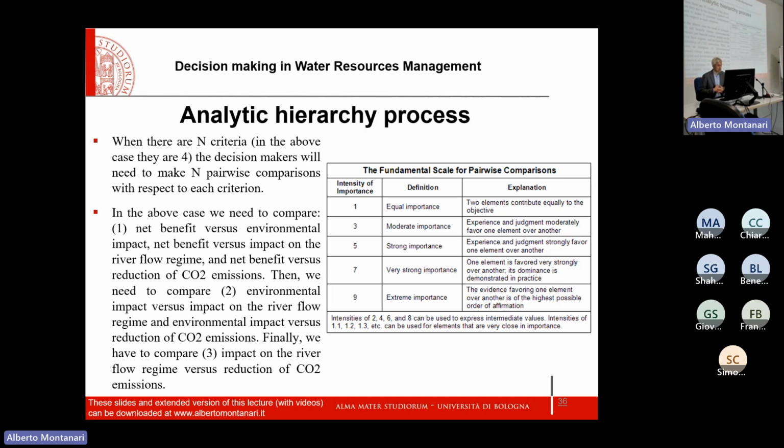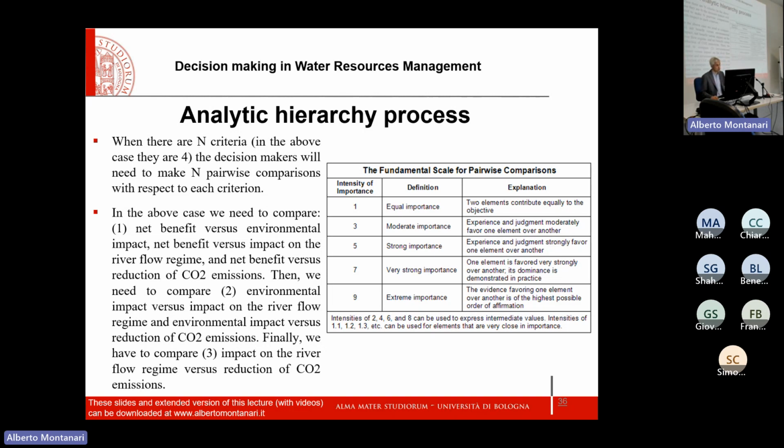And the scale which we suggest to use is suggested by this method, which was proposed by Saaty in 1970. It's the scale that you can see on the screen, which means that if you compare 2 weights and you want to give equal importance to each of them, the first with respect to the second, you say that the score is 1, the intensity of importance is 1.